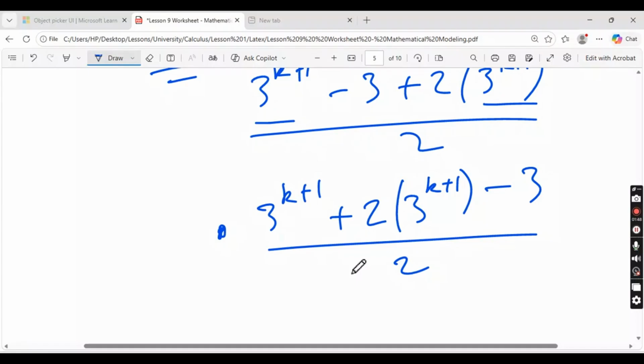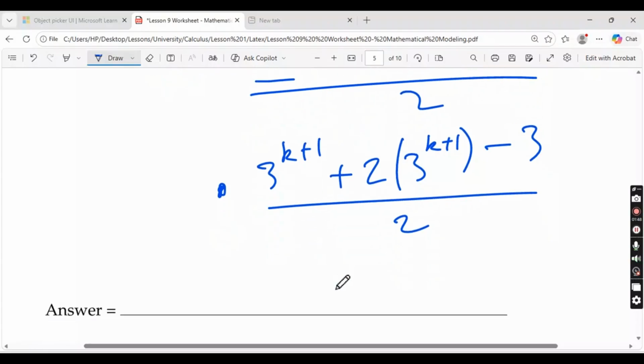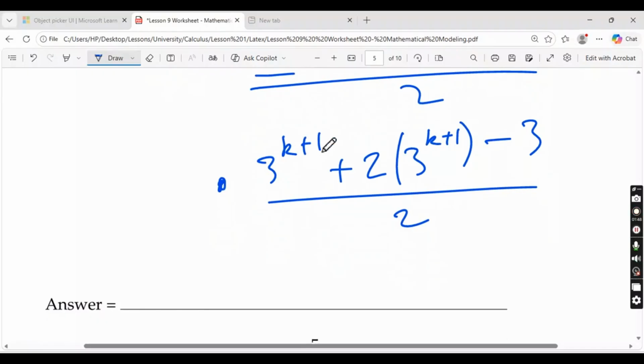Okay, cool. Should I give you the answer, or do you want to try? You can give the answer. So when we add 3 to the power k plus 1 plus 2 times 3 to the power k plus 1, we get 3 times 3 to the power k plus 1.